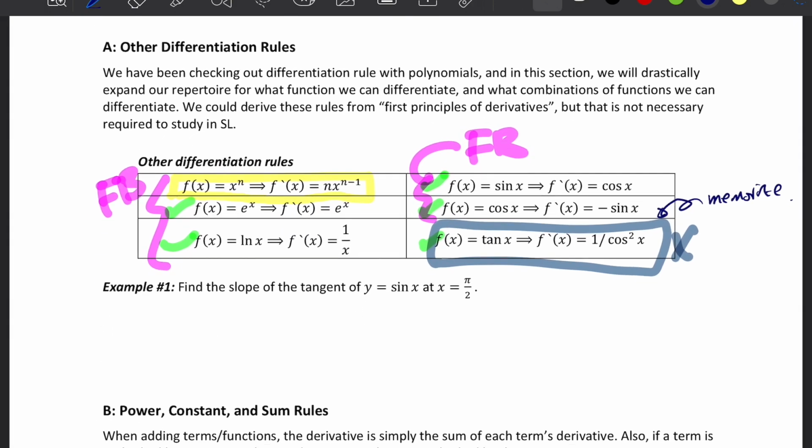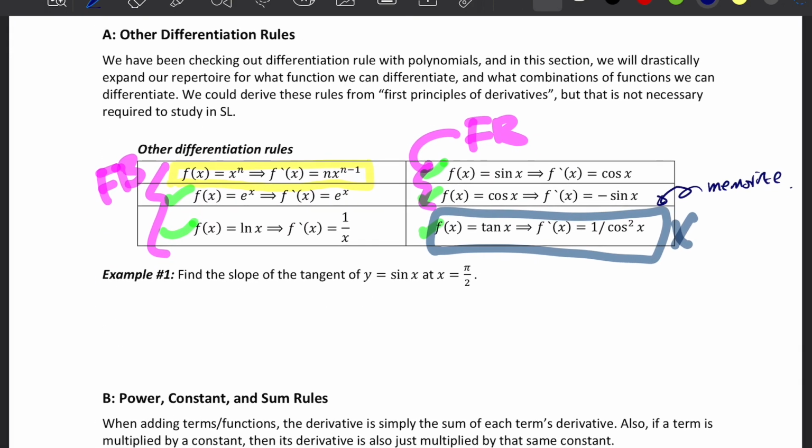Then let's talk about the one that involves Euler's number. It is a little bit different from the other differentiation rules. When we have a function f of x equal to e to the power of x, when you differentiate this function, it stays exactly the same.